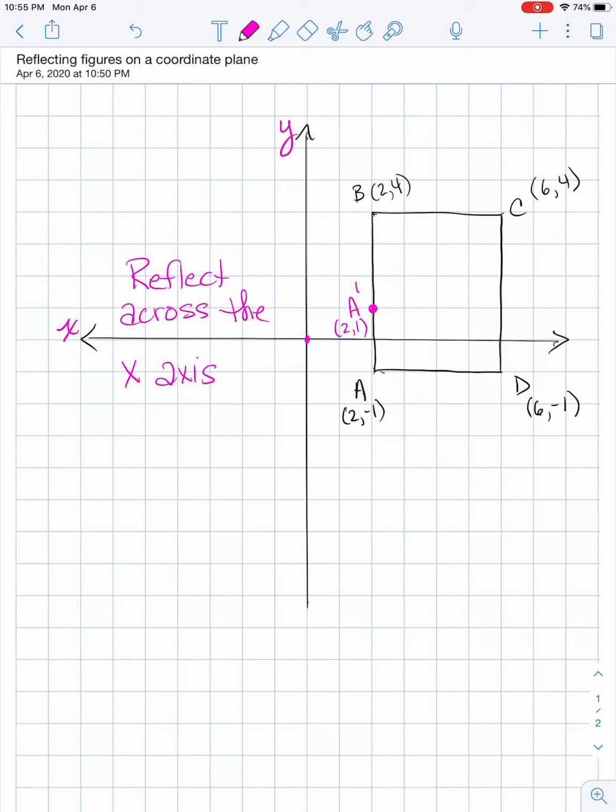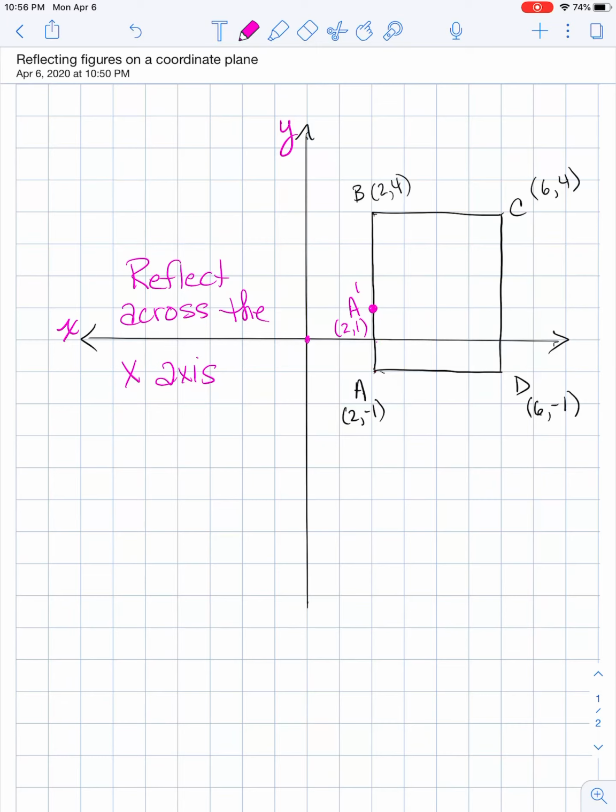Now let's go to point B. Point B is also 2 units to the right, but it's 4 up from the x-axis. So now we're going to go for B prime. Instead of 4 units up from the x-axis, we're going to go 4 units down.